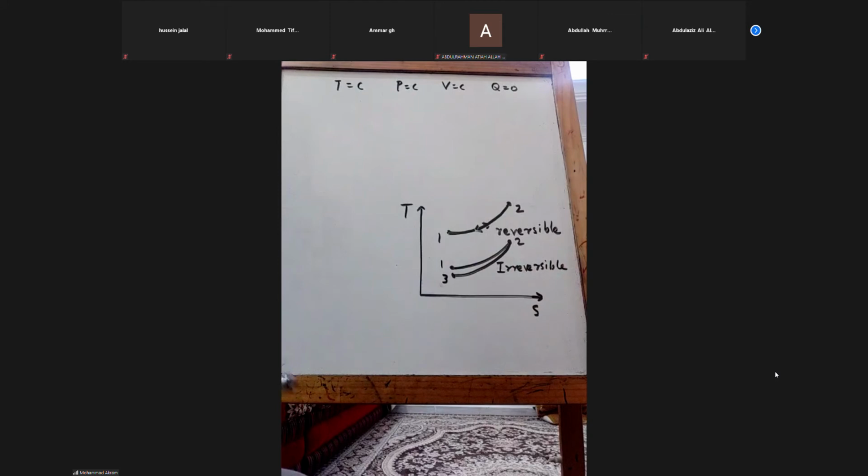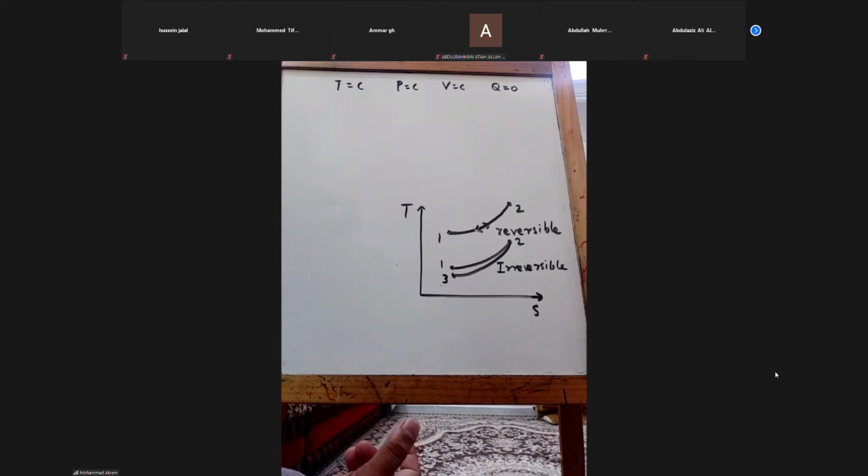Take mixing: you can add milk, tea and sugar, but you cannot separate them, right? Can you bring milk, sugar and tea back by any process? No, doctor. So it is an irreversible process. In thermodynamics, mixing is usually irreversible.